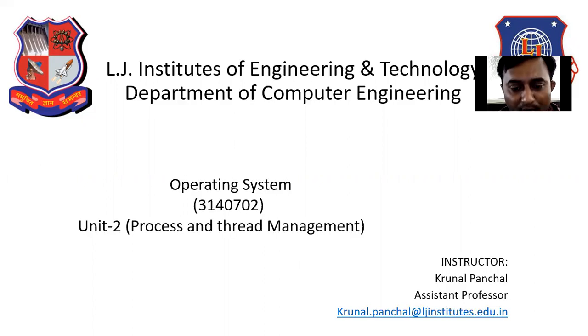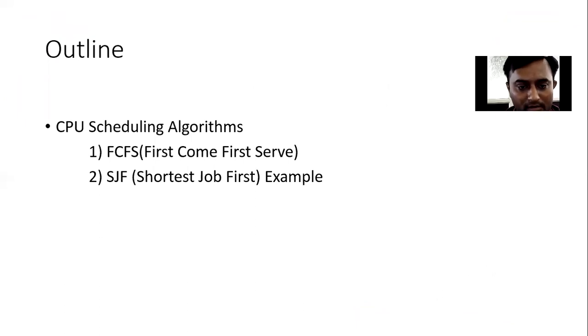In this session, we are going to discuss the GATE example of shortest job first scheduling algorithm. So as I told you, we are going to discuss SJF. In the previous session, we have discussed the working of SJF in detail.